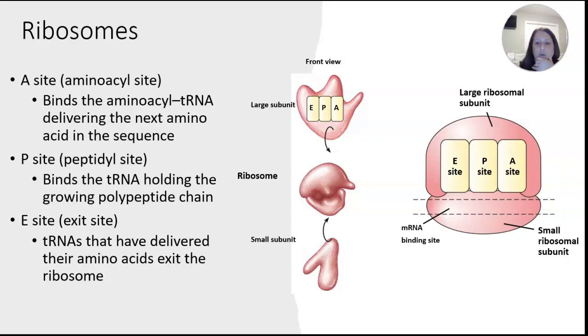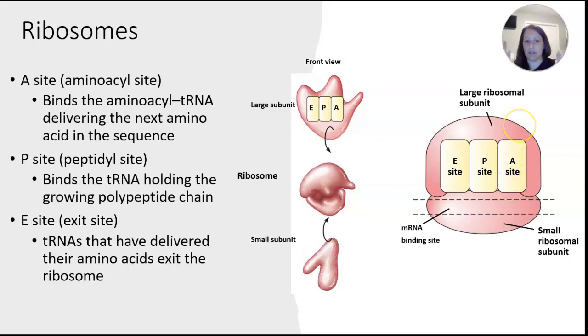Okay? Once that happens, the ribosome is actually going to shift. And so now the P site will hold the amino acyl tRNA that was just in the A site. Okay? And the ribosome shifts to the next codon, so the A site will be open again, and the next amino acyl tRNA comes into the A site.